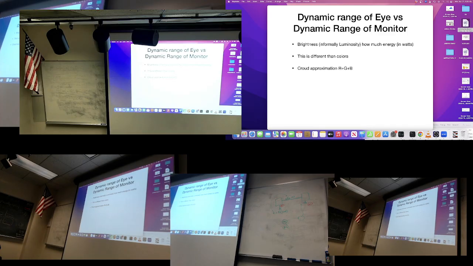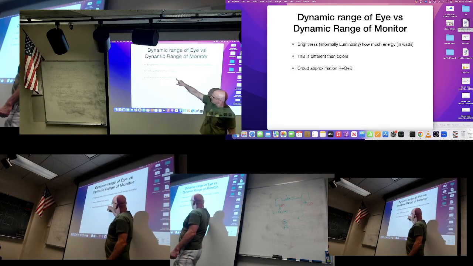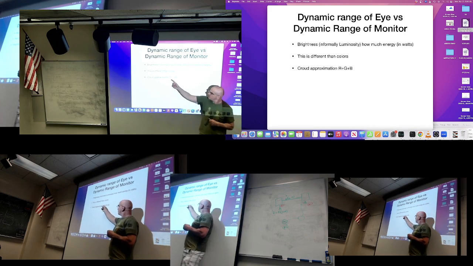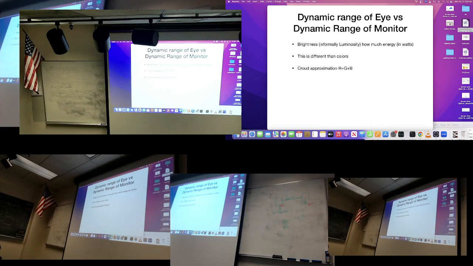And you can measure how many watts. Well, different wavelengths have different energy, but then there is also how many photons are getting there, and you can measure it in various ways. For us, if we just take for a pixel the value of R plus G plus B, it's somehow a good approximation. If you want a slightly better approximation, there are some constants that will give you the intensity of the pixel. But again, luminosity, intensity, brightness, not the same thing, but we'll refer to them as the same thing.